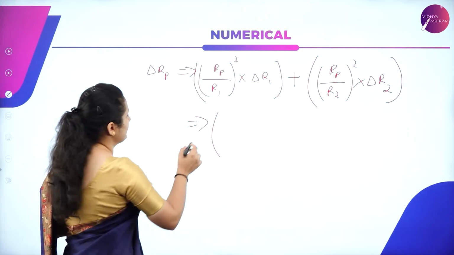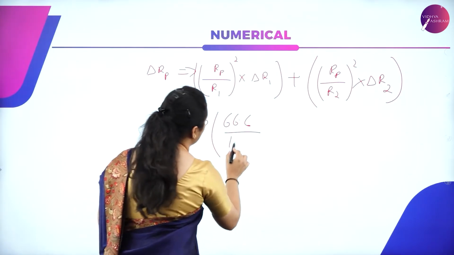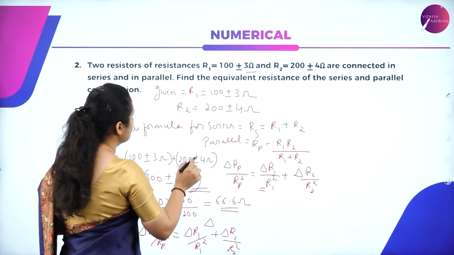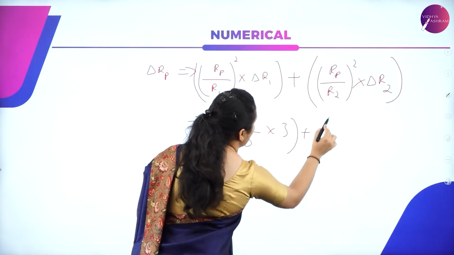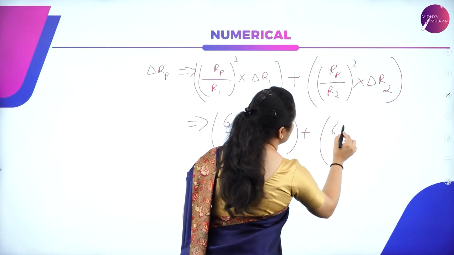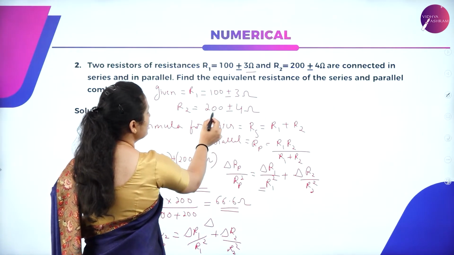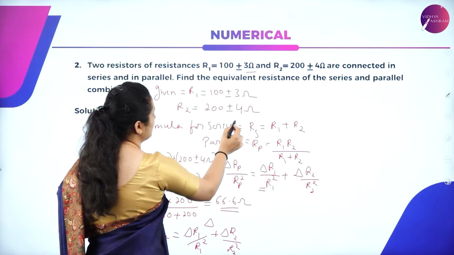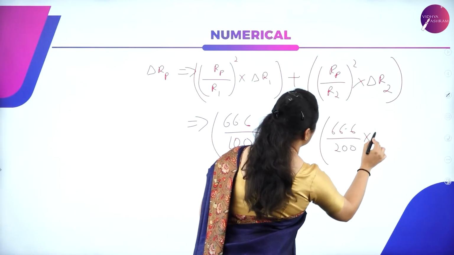It is 100. So 66.6 divided by 100 into, what is the error here? 3 ohm. So 3 plus, again, what is your Rp value? 66.6 divided by, what is your R2? It is 200. What is error in R2? It is 4. So 200 into 4.